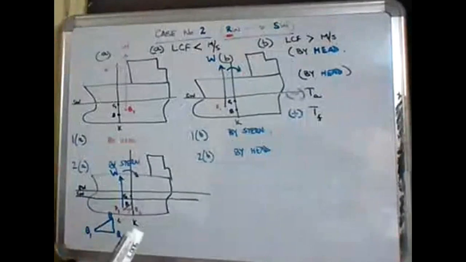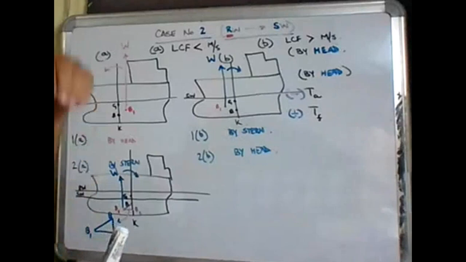Sir, shouldn't B1 be forward and higher than B, sir? How can it be higher, brother? I'm going from a higher water line to a lower water line. There is going to be a mean rise, not a mean sinkage. I am going from Haldia to Chennai. My mean draft will reduce.